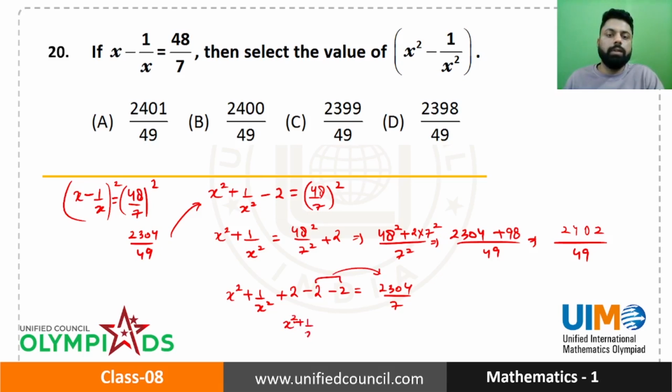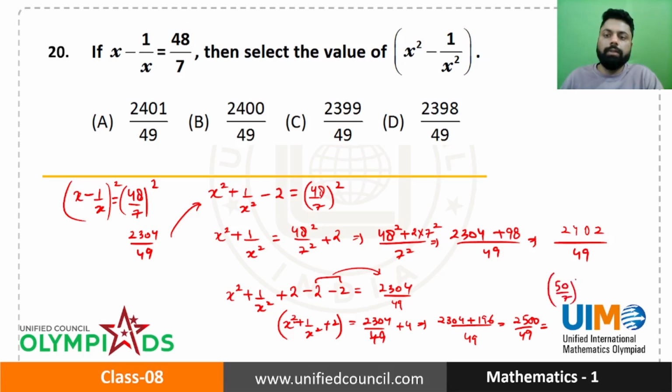This is x square plus 1 upon x square plus 2 is equal to 2304 upon 49 plus 4. This is equal to 2304 plus 196 upon 49. This is 2500 upon 49, that is equal to 50 upon 7 whole square.